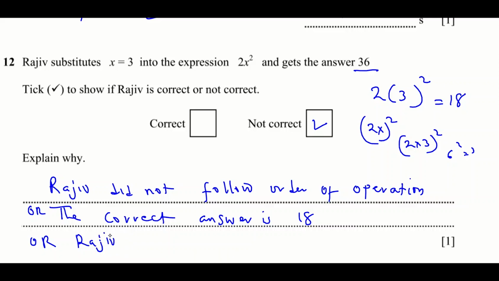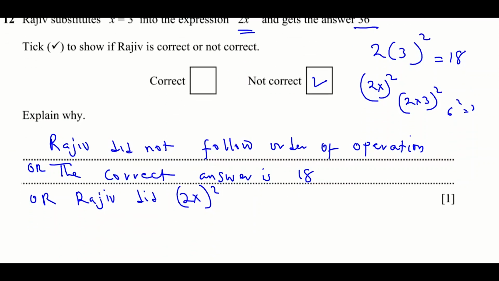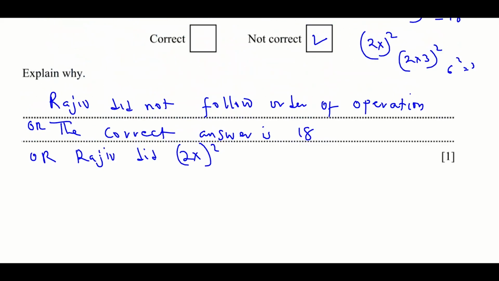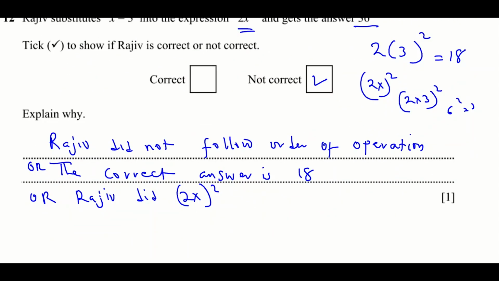So that means Rajiv did 2x everything to the power of 2. This is what he did, whereas he was asked to do this. You can pick any of those 3, and if you think of any other one, you could put it there. It should also be correct provided it goes with the expression.